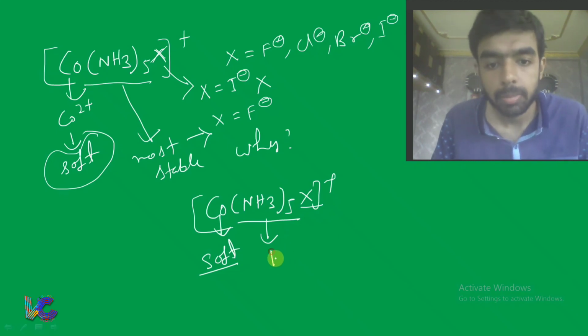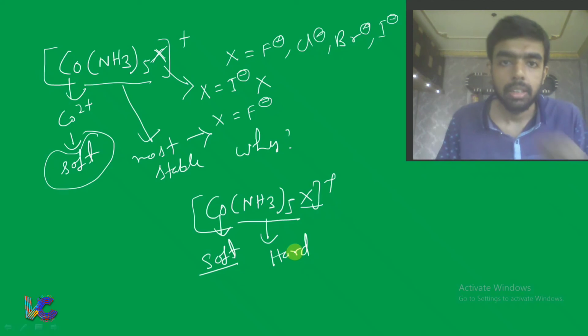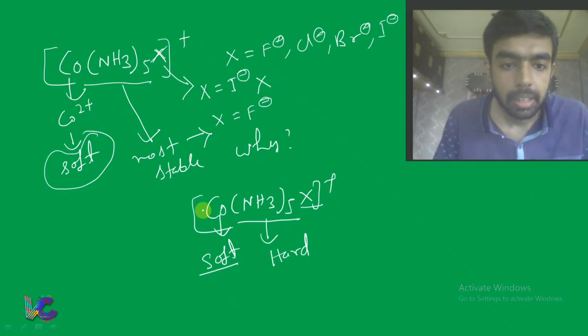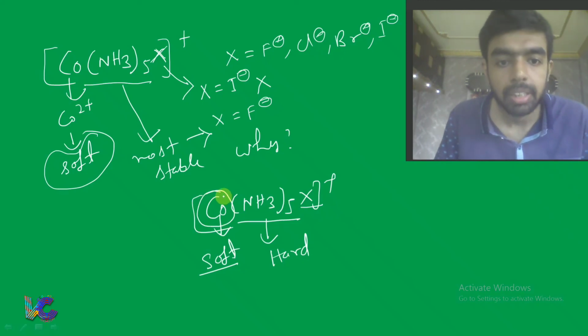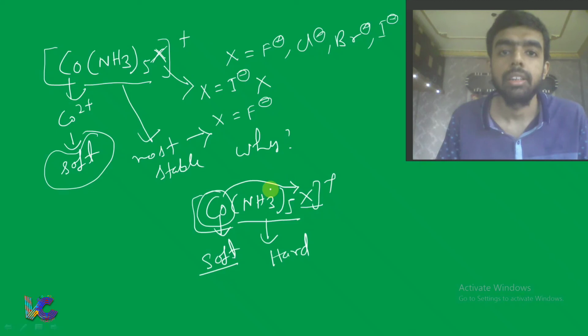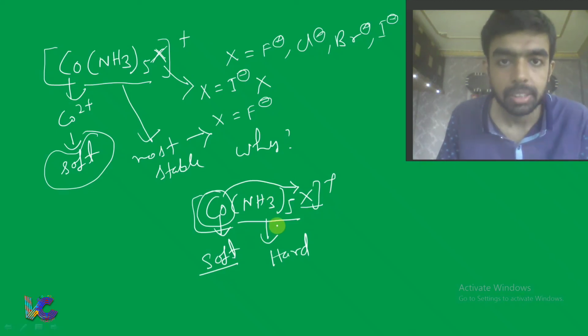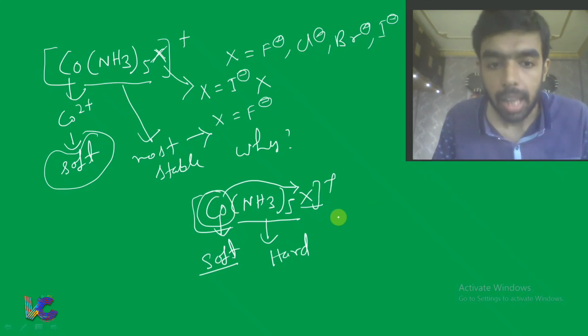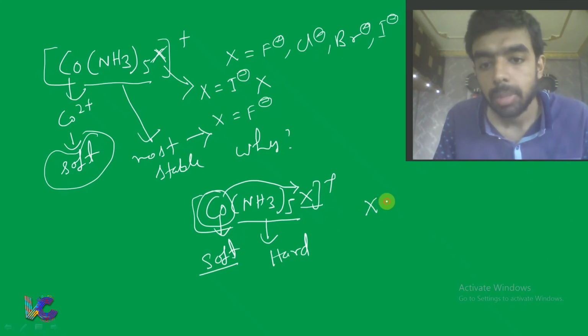Now NH3 is very hard, and due to the presence of 5 hard NH3 ligands, the metal will attract the hard ligand. As the metal will attract the hard ligand, when X is equal to F-, in that case this complex will be more stable.